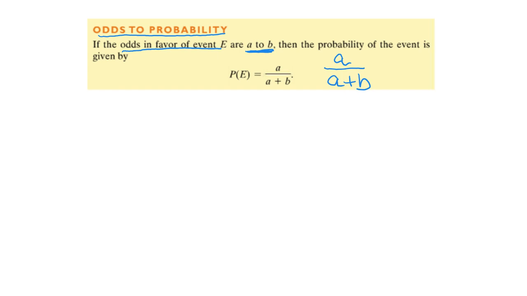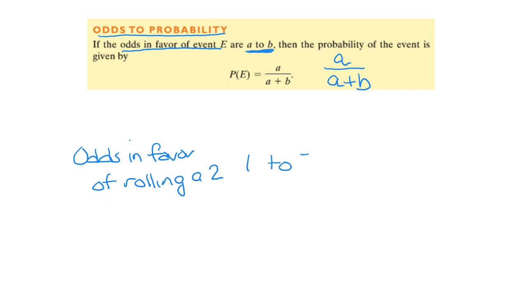All right, so let's go back and visit that previous problem that we had, the odds in favor of rolling a 2. The odds in favor of rolling a 2, we came out with the result of 1 to 5. According to this formula, now that we have these odds, 1 to 5, we can label the first number as A, the second number as B, and from here we can figure out the probability.